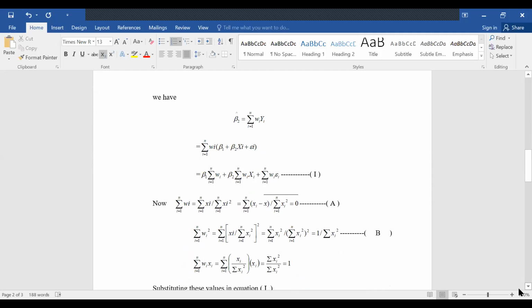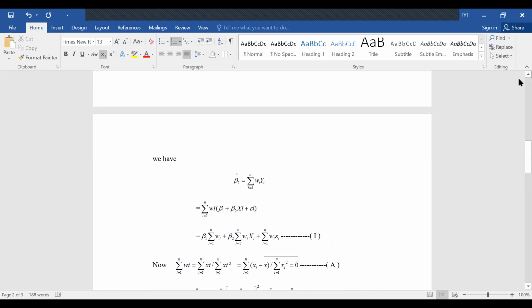Summation i from 1 to n wi, and what is the value of capital Yi? As I mentioned at the very start, we are studying the two variable regression model. So yi equals beta 1 plus beta 2 xi plus epsilon i, also known as the population regression function.